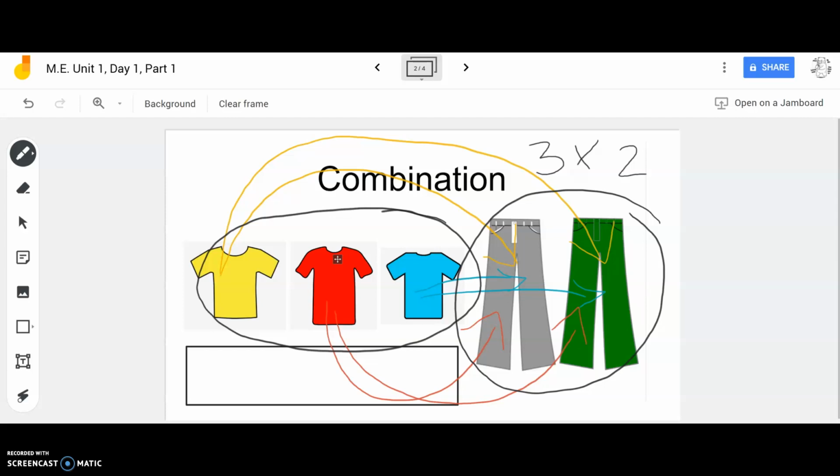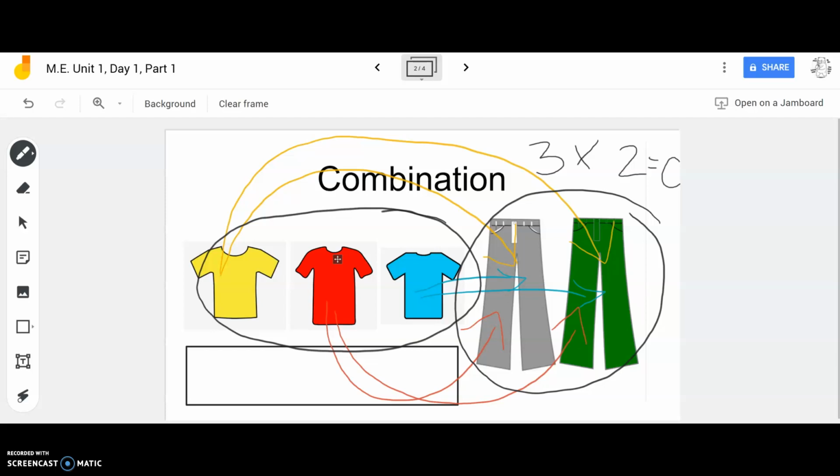3 shirts, putting them with 2 pairs of pants. I know 3 times 2 is 6, but I'm going to be really 5th grade mathy, and I'm going to put a C there. And that C is going to represent combinations because I'm putting 3 shirts together with 2 pairs of pants that will equal combinations.